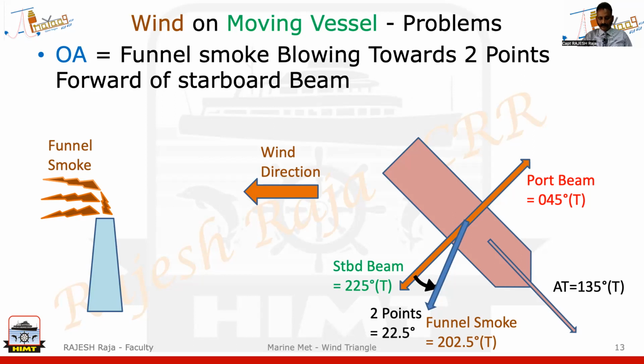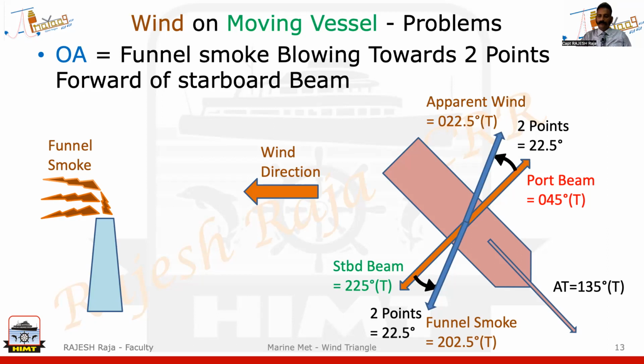So you should be careful about that. So in this question, the funnel smoke was going 202.5, so that means the wind was coming exactly from the opposite direction. So 2 points abaft of the port beam was the apparent wind direction. And that angle you get is 022.5. Okay. So I got the answer for solving my problem now. Apparent wind is coming from 022.5 and the speed was given to me as 11 knots.